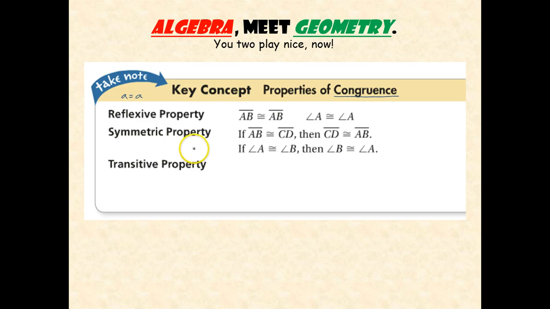The symmetric property. If segment AB is congruent to segment CD, then segment CD is congruent to segment AB. Also obvious. Remember, for numbers, it was if A equals B, then B equals A, right? Not blowing anybody's mind here.